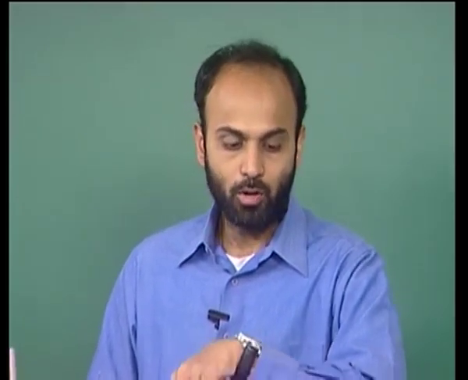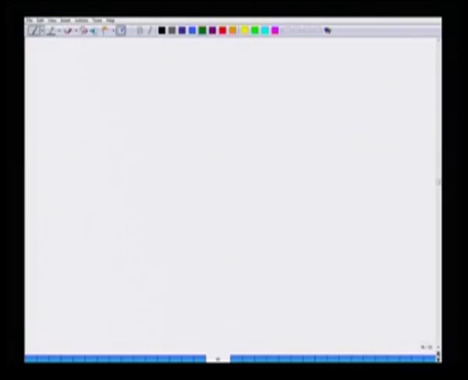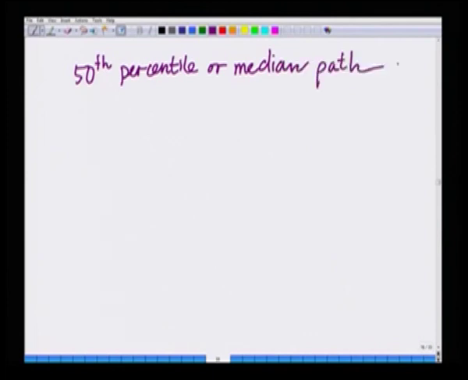If you look at the Okumura model, it predicts the 50th percentile loss, or the median path loss.